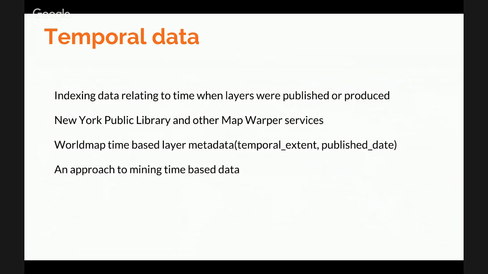Because you could end up in a situation where in the abstract someone says this was as at 1920, and so on, but within the metadata specification itself they have not written anything about date or time. So we need to send out processes that are able to mine that data and index it for us.